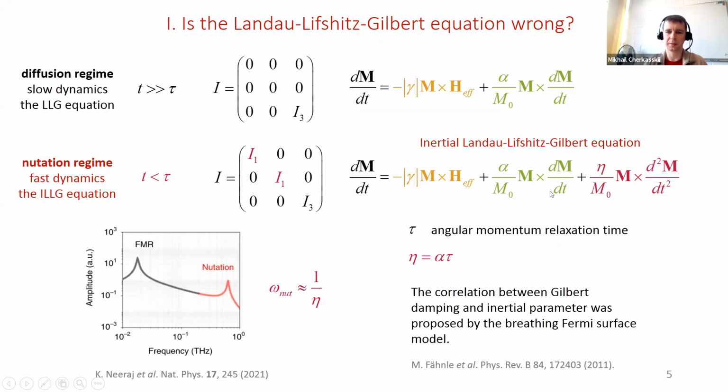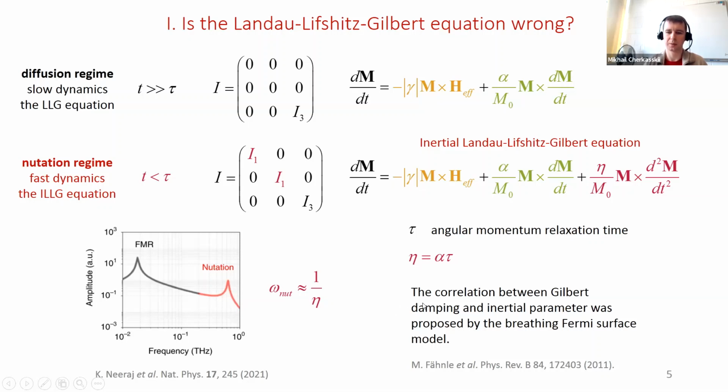Here we have the so-called angular momentum relaxation time, and if we investigate dynamics shorter than this time, we have to use this equation. Moreover, here we have the eta parameter, which is the inertia parameter. And in 2021, nutation resonance was detected at a frequency inversely proportional to this inertial parameter. So now we have that inertial magnetization leads to an additional resonance.